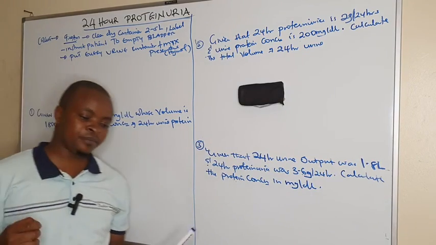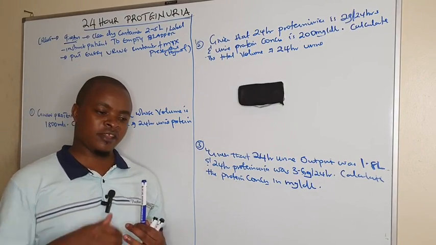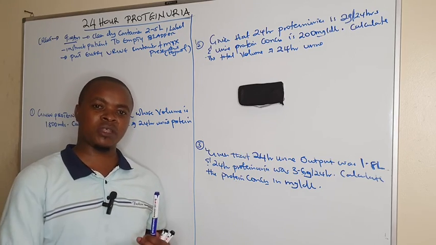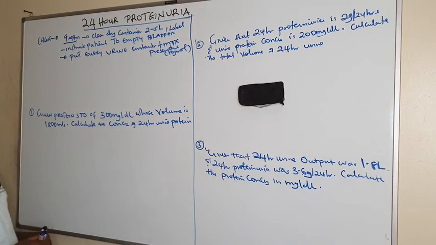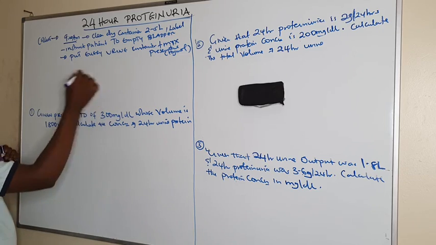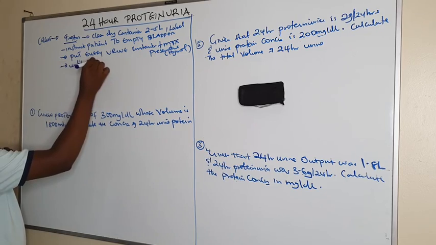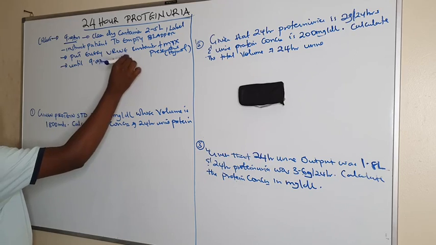So every time this patient, from 9 a.m. after emptying the bladder, every time they feel urinating, they urinate in the container, mix with the preservative, then they recap the container. Then they keep putting urine until 9 a.m. next morning or next day.